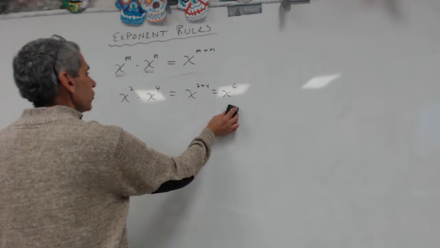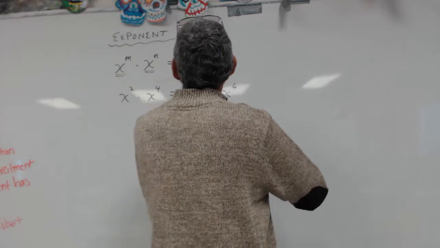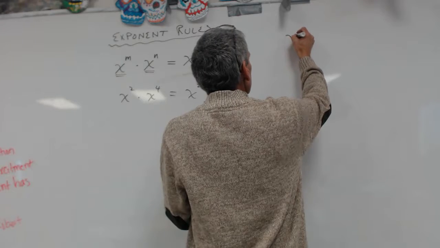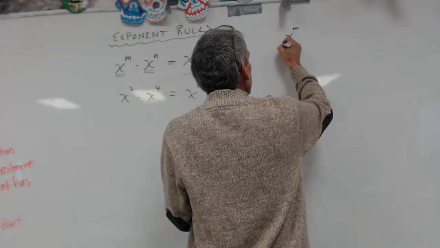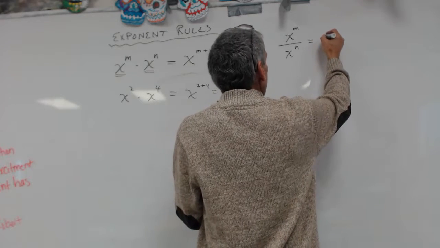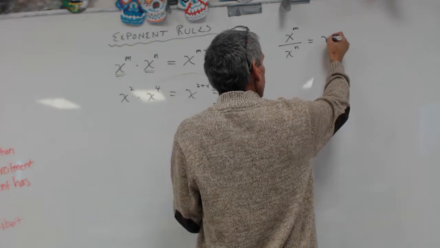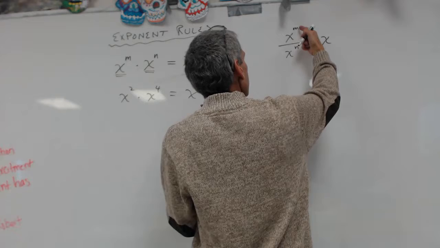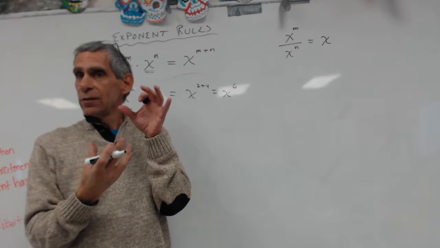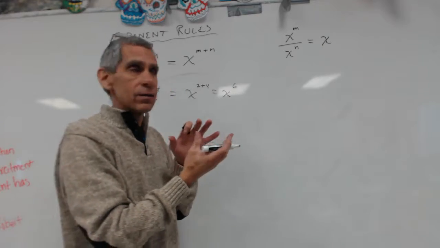Okay, so that was our first rule. I'll leave that up. Our second rule was x to the m divided by x to the n is equal to the same base, and then when you divide same bases with exponents, you subtract the exponents.